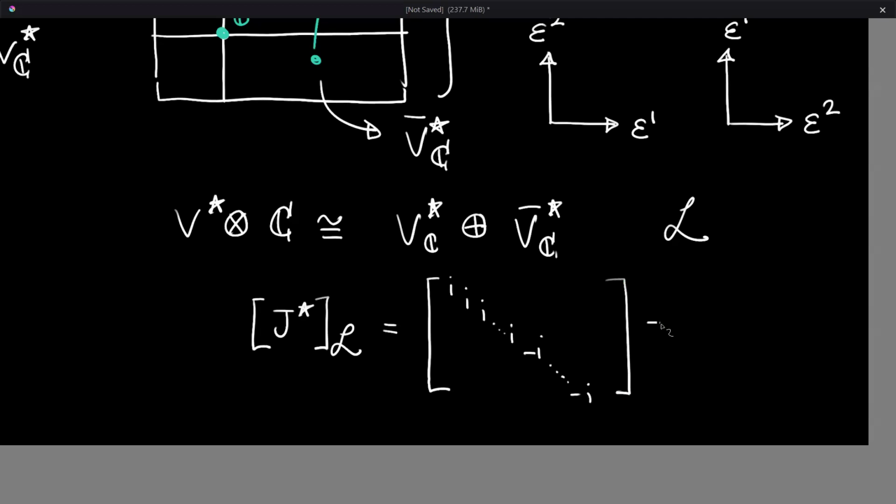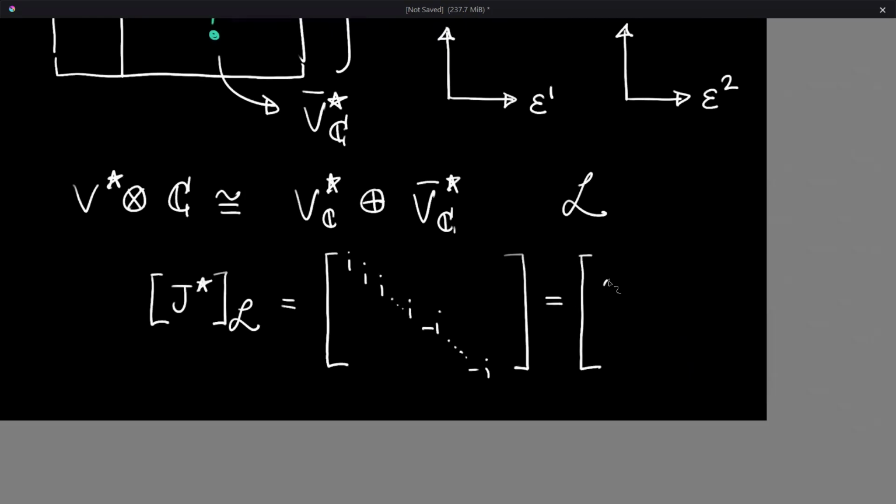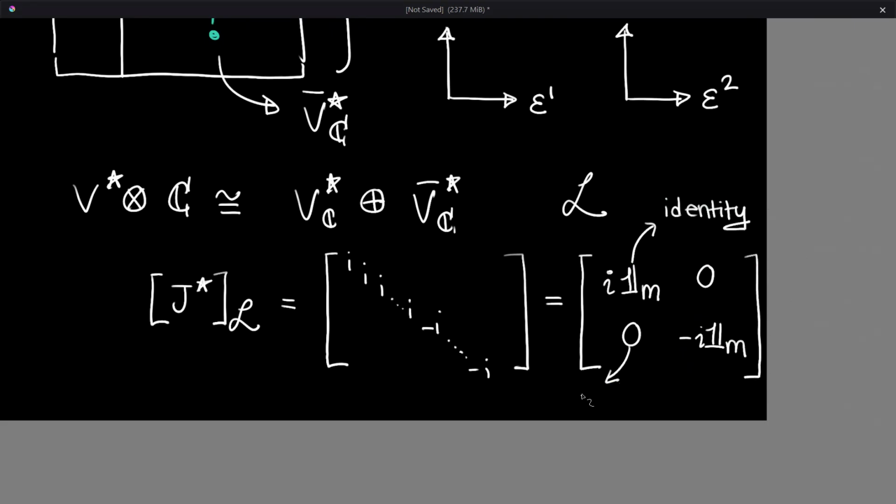So we can draw this in what's called a block diagonal form, where this is a block diagonal matrix, or a submatrix, and I'll explain what these mean. So 0, 0, and then minus I. This is the identity matrix, and this is the zero matrix.